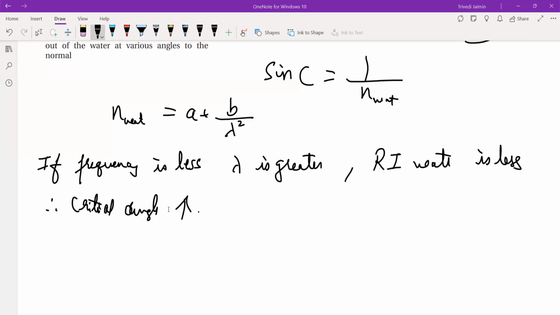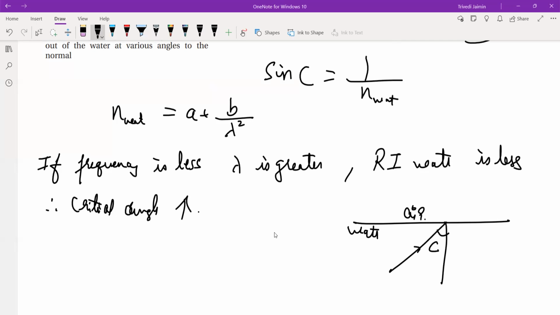So in this case, what happens? They do not suffer any refraction. What's the critical angle? The angle at this point. This is green light, and this is the critical angle C. This is water, this is air. So the critical angle increases here.